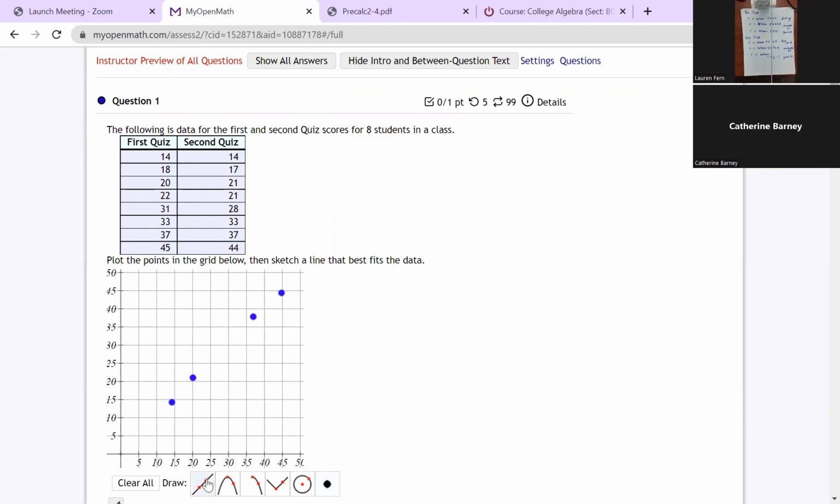If I was to draw the line that best fit the data, I would do something like that. This looks pretty darn good, doesn't it? You with me? Not much there.